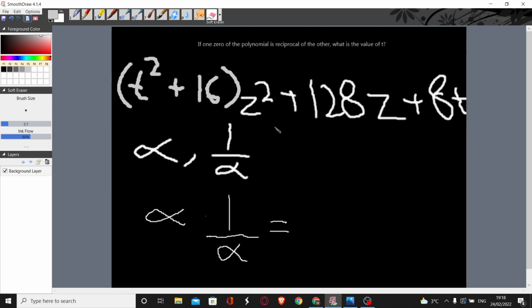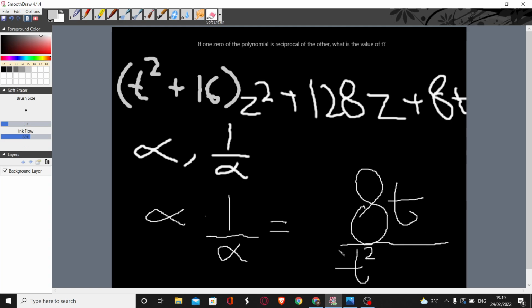In this case, z squared is the variable, and t squared plus 16 is the coefficient of z squared. So this should be equal to 8t divided by t squared plus 16, right?